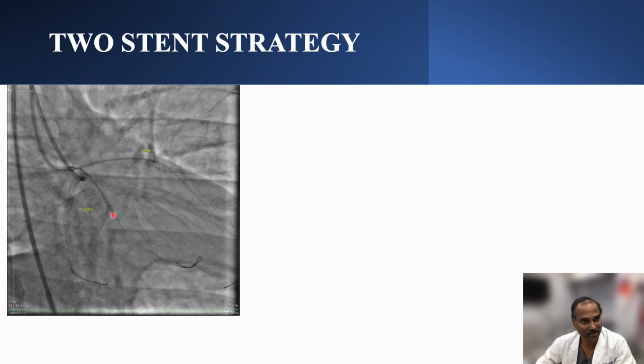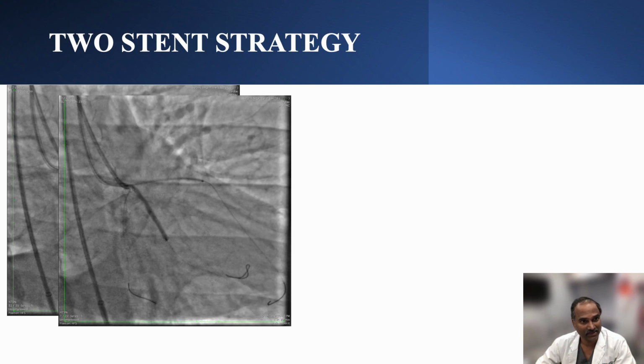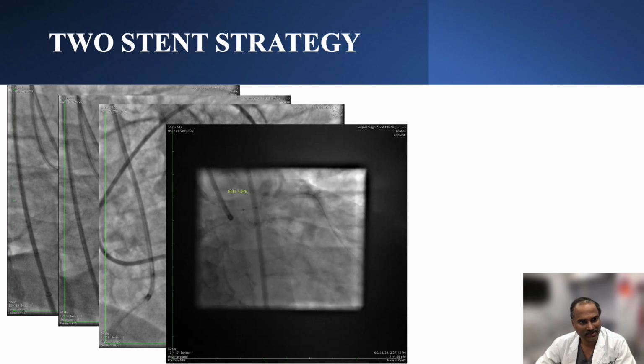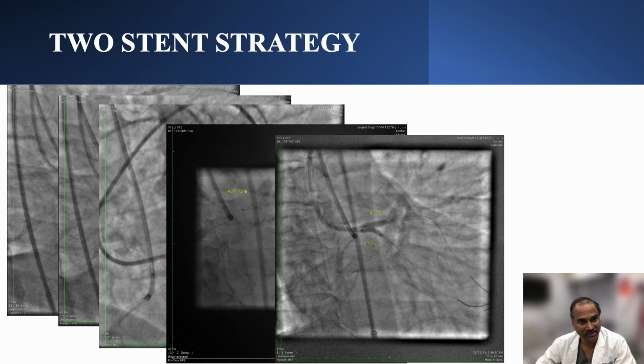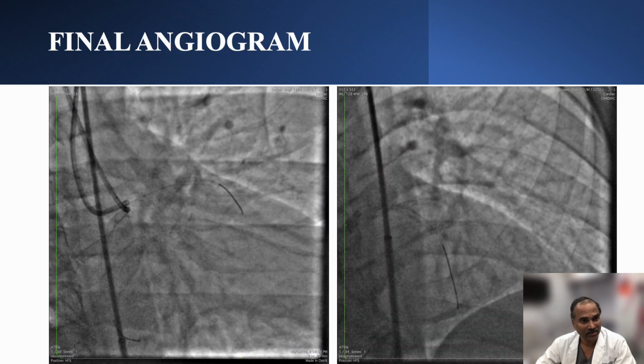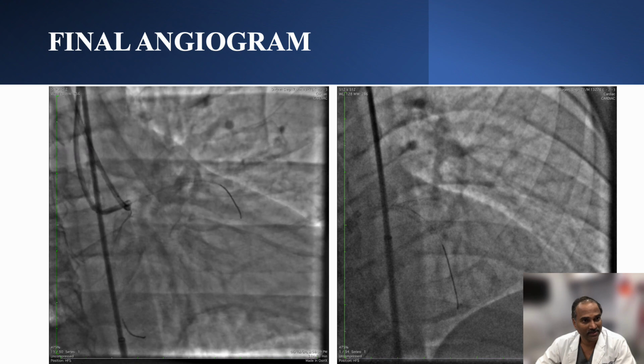This is 3.0 by 48 and 2.75 by 28, and we just deployed LCX, then removed, and then deployed LAD and did part in LMCA, and then recrossed and did kissing, and final result. And this is a final angiogram.